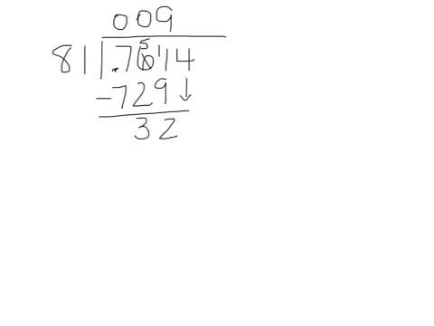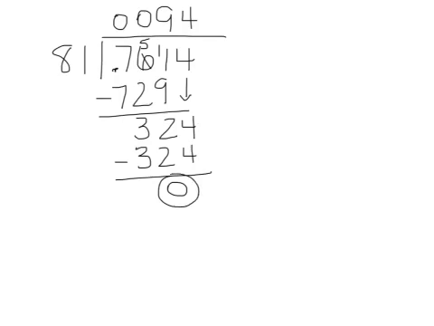Bring down the 4. 81 times 4 equals 324. Did you get that one? What do I do with my decimal? Bring it up and put it there.